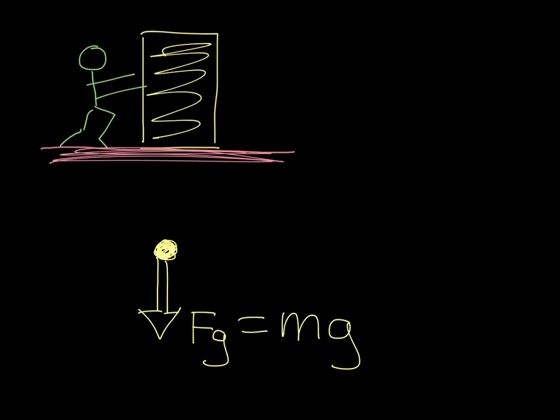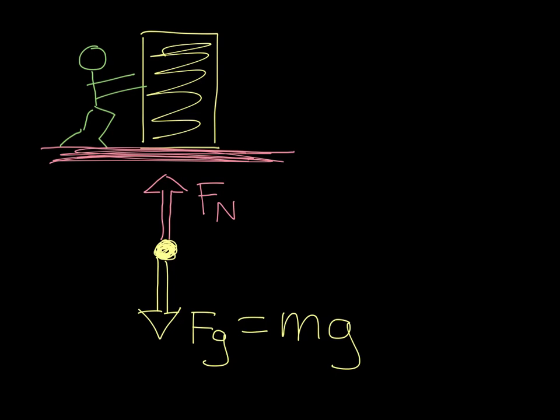Another force acting on this object: we can see that it's sitting on a surface, and if we can assume that the floor is pretty solid, that the block isn't falling through the floor, and that the floor isn't springy and pushing it up into the air, then we should have a normal force that is equal in magnitude and opposite in direction to our force due to gravity, right?